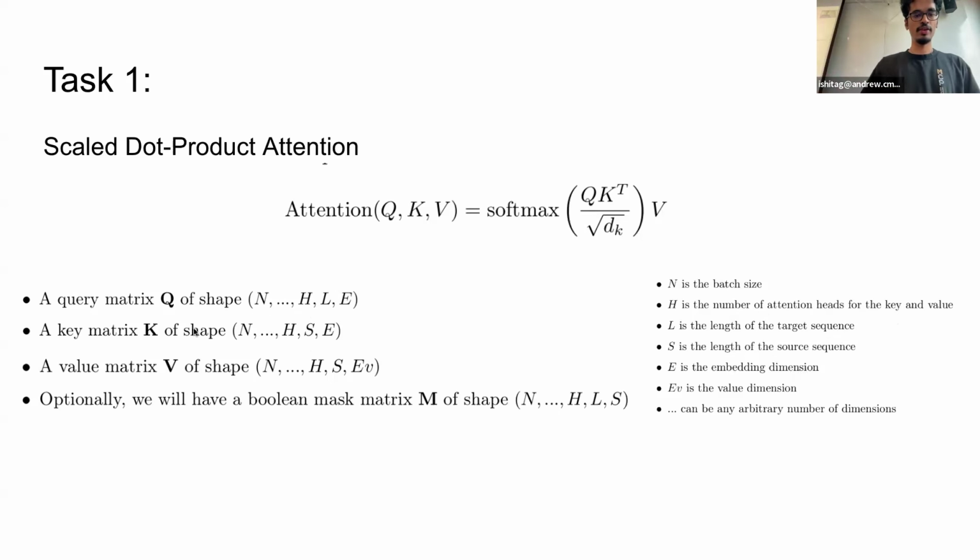Yeah, we do a similar thing for K as well. K will have the same embedding dimension as the query. However, that need not be the same for the value matrix. Here you can have a different embedding dimension that we're denoting by EV. Optionally, we'll also have a Boolean mask matrix M of this shape, and this matrix M, as I said earlier, helps us enforce next token prediction.